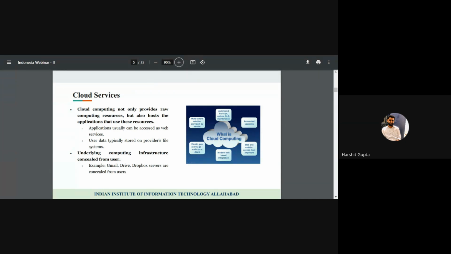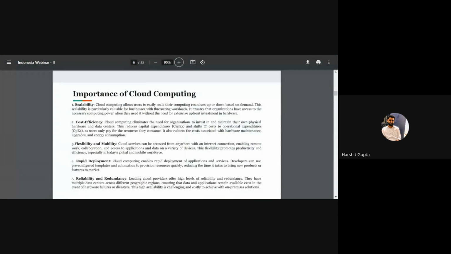The best example of this is Gmail. Gmail is also deployed on a cloud, where a user having a Gmail account simply goes, gives his or her credentials and uses the services, which include email services, Google Docs, Google Slides, Excel. There are multiple kinds of services which can be used by the user through such cloud services.